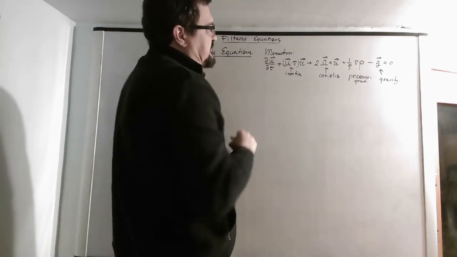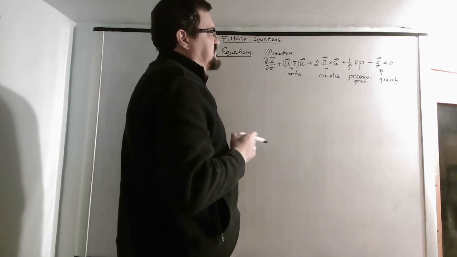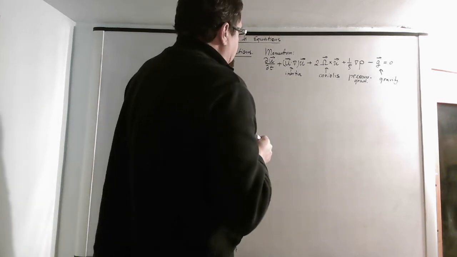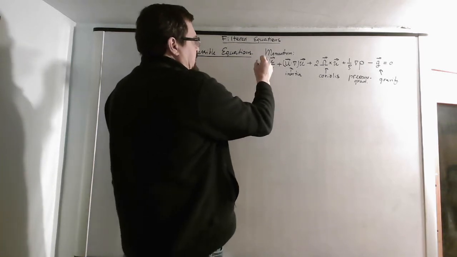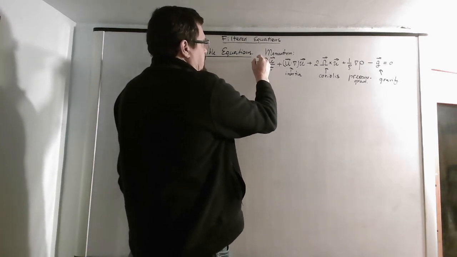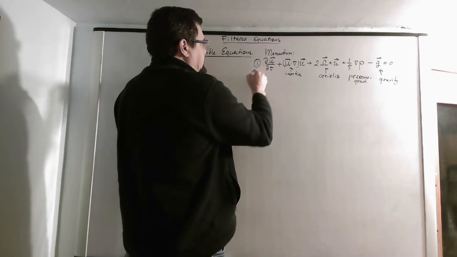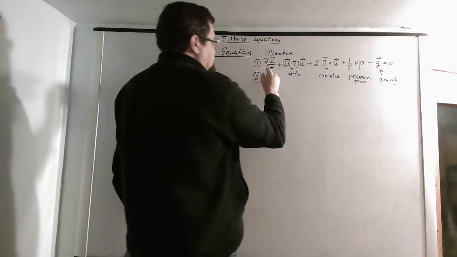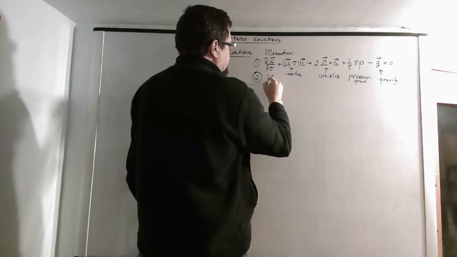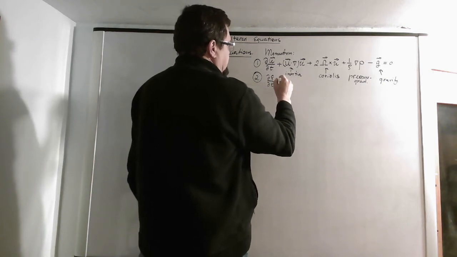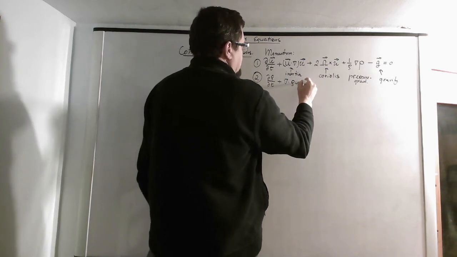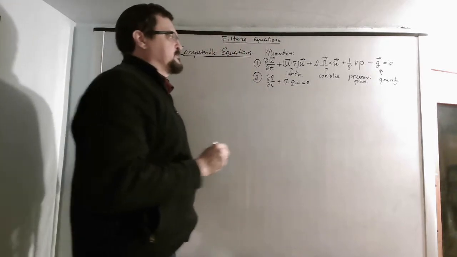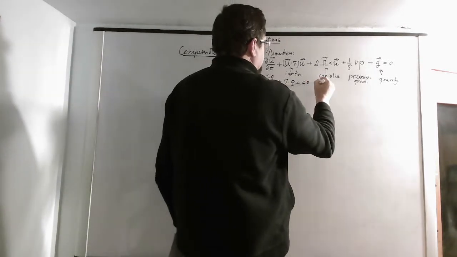So those equations without friction are generally called Euler equations. Okay, so this is one equation. The second equation we need is the continuity equation, which for a compressible system looks like the following: d rho dt plus divergence of rho u equals to 0. So this is the continuity equation.